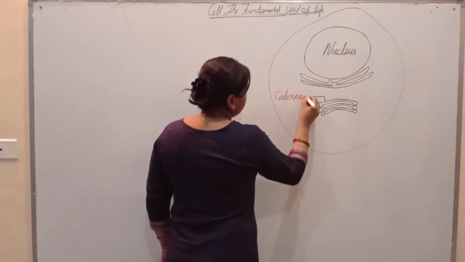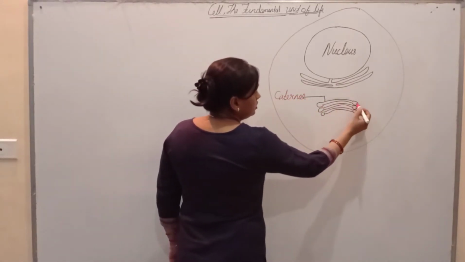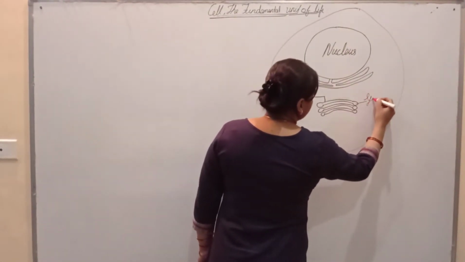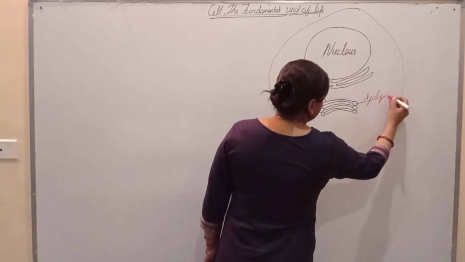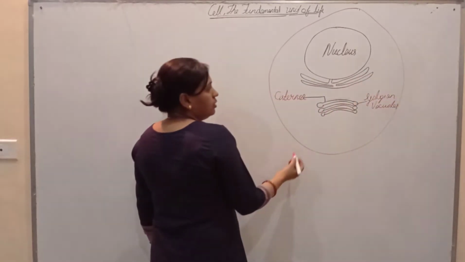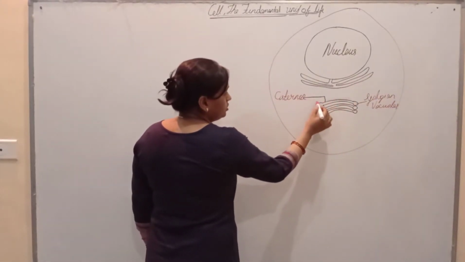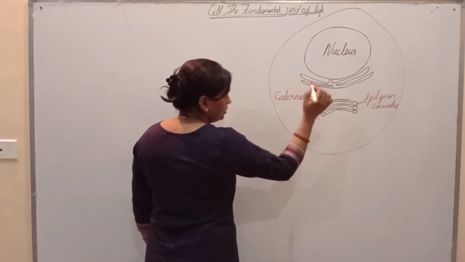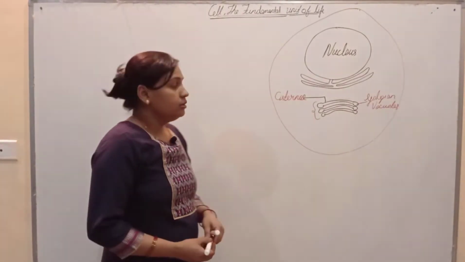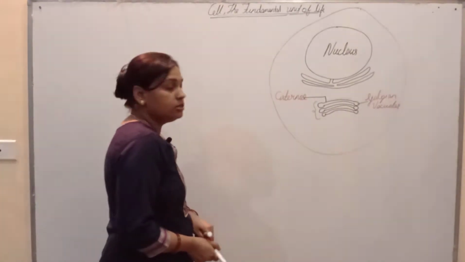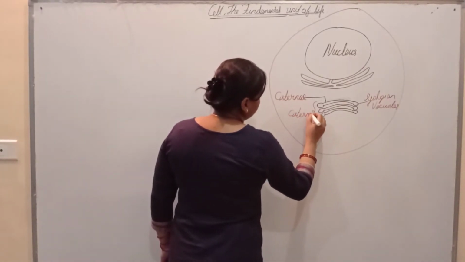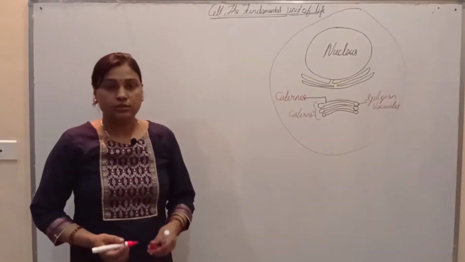These flattened structures are called cisternae, and this swollen spherical structure is called Golgian vacuoles. And again, these flattened sacs kept over one another form a stack called cisterns.